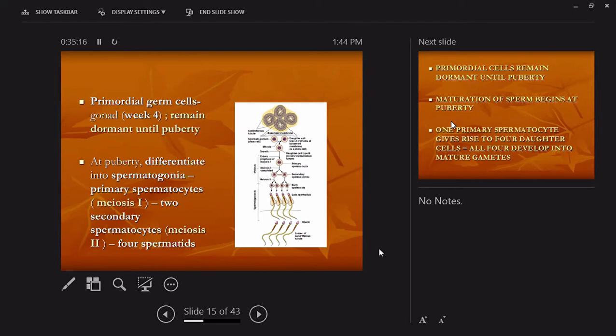Take a look at the illustration. And then you have the early spermatids and the late spermatids. And then there is now your maturation, the mature sperm cells.